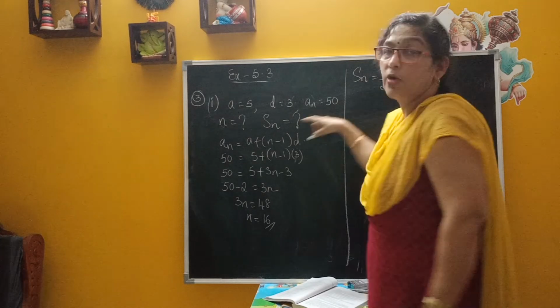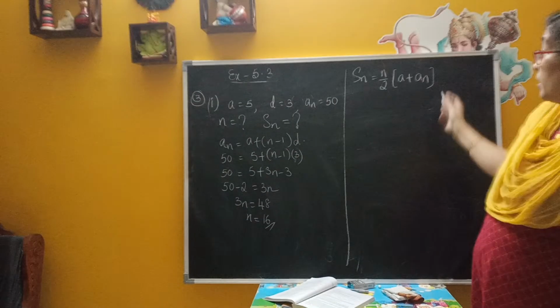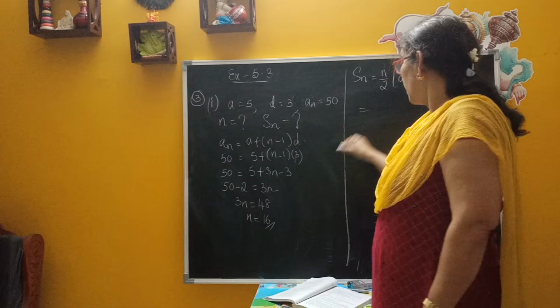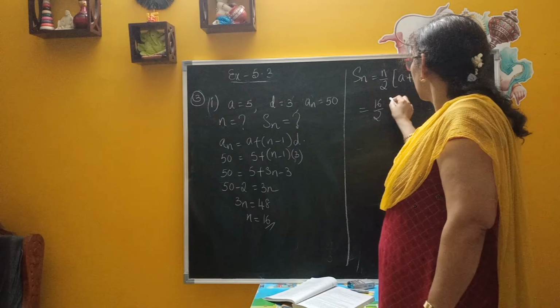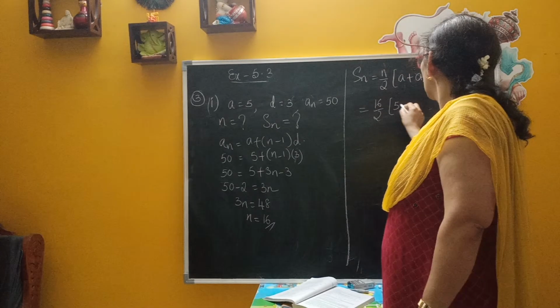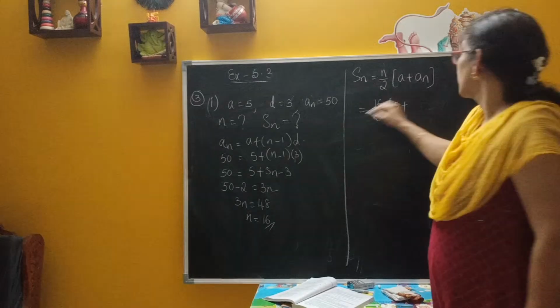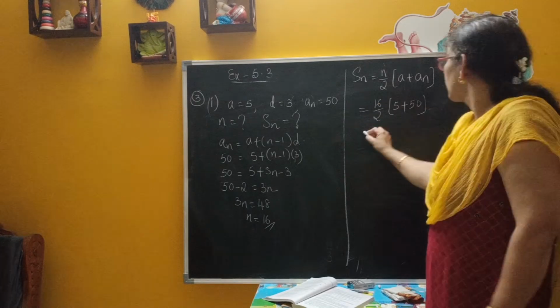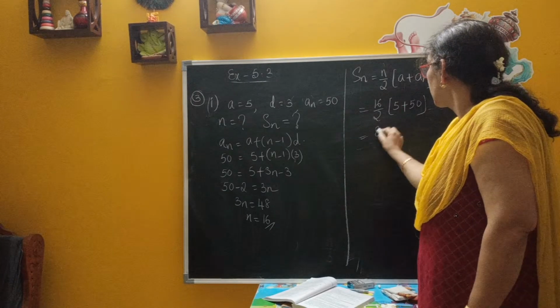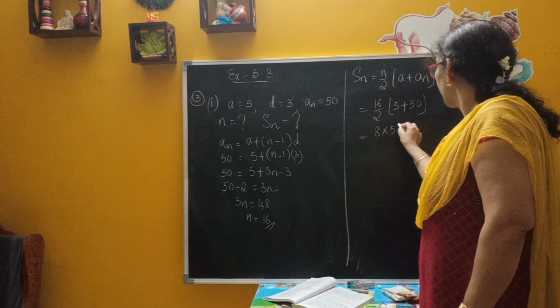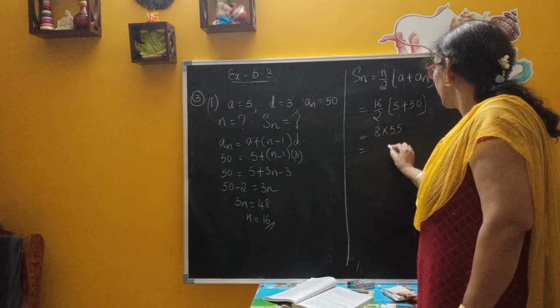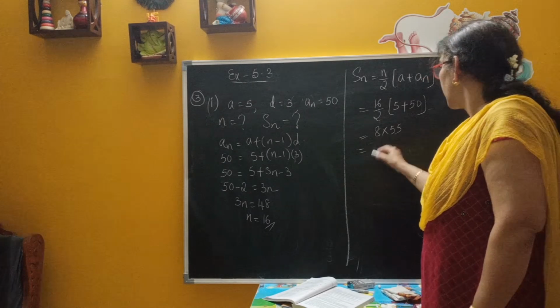You can use another formula also, 2a plus n minus 1 into d. Okay, so n value how much? 16. 16 by 2 into a, 5, plus an how much? 50. So it is equal to 2 8s are 16 into 55. How much we get? 8 5s are 40, 8 5s are 40 plus 4.